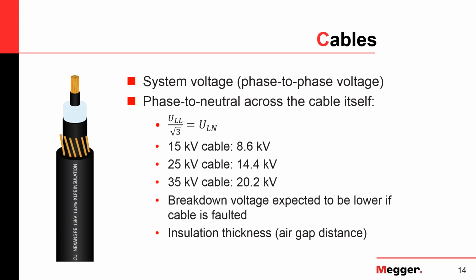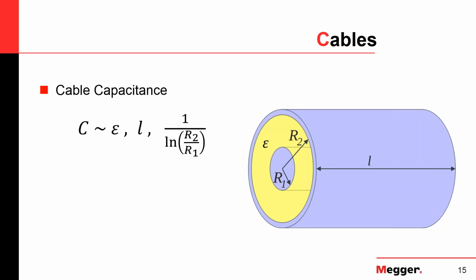There is another thing related to this problem, which is the insulation thickness, because as we will see, certain methods rely on the ability to create a flashover artificially at the fault location to locate the fault. And the air gap distance, that means the distance between the conductor and the neutral, can play a role in that. Now, just a few things that determine the behavior of the cable, or what makes the cable work.